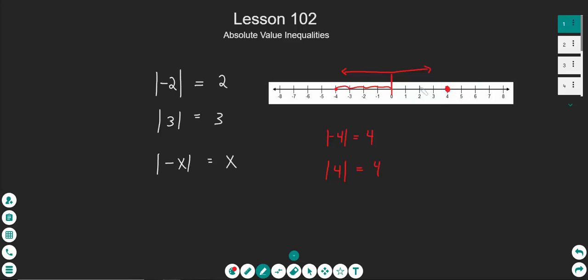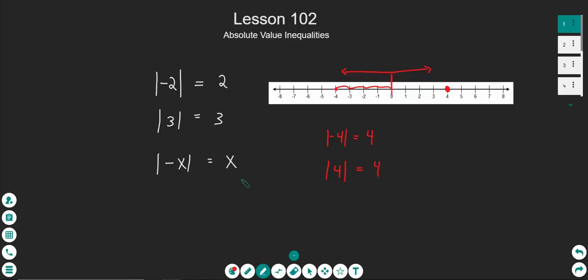It's 4 units away from the 0, right? So the absolute value of 4 is 4. So that's one way to think of the absolute value of a number: its distance away, in terms of how many units away from 0 it is.